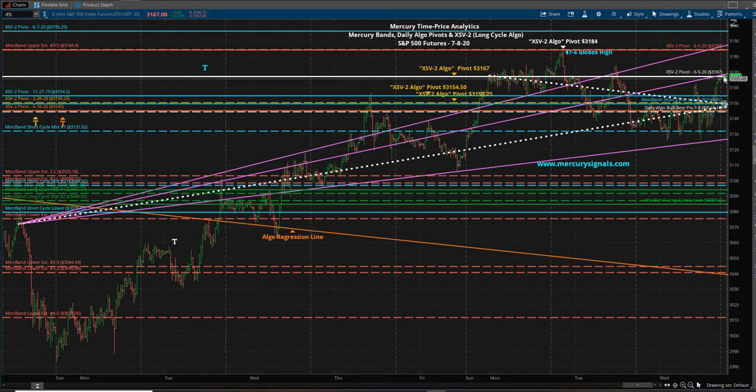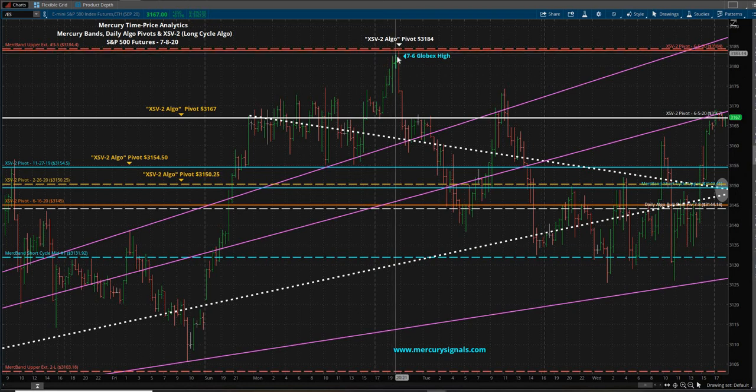This could certainly go higher, we're already up into this regression line here, up into this regression line and retest the high from yesterday up here at 3184. But this could also be a fake out move, and we won't know that until we see what develops tonight and tomorrow.